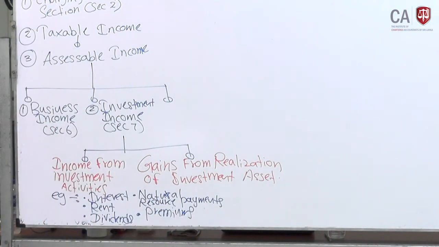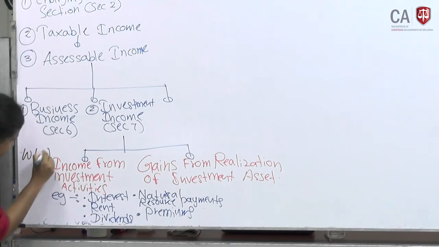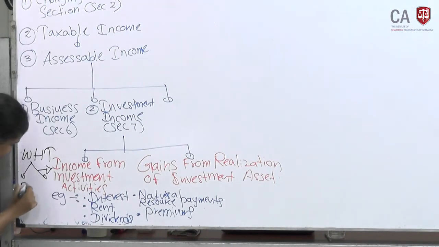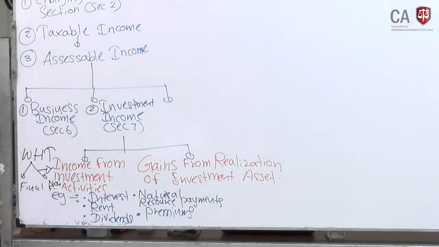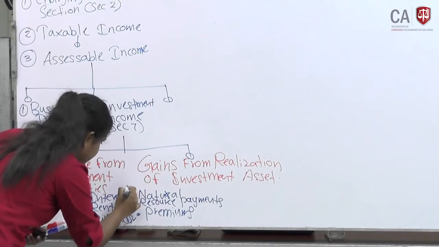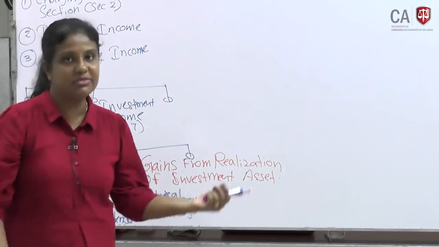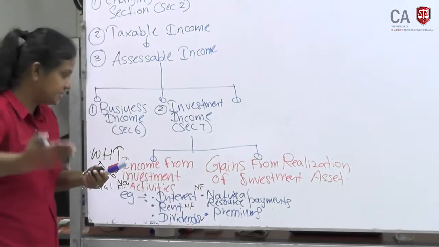These are some examples of income from investment activities. I have taken this because for this part you have to apply withholding tax. Some withholding tax is final, some non-final. For example, dividend is final, interest is non-final, rent is non-final. If it is non-final withholding tax, we can take the withholding tax credits. Dividend is not subject to capital gains tax.